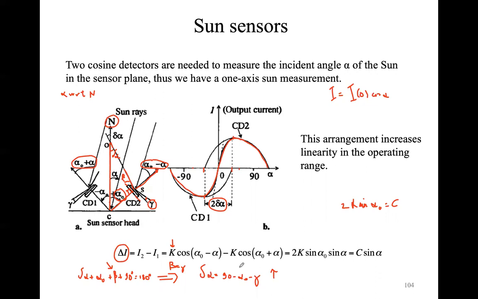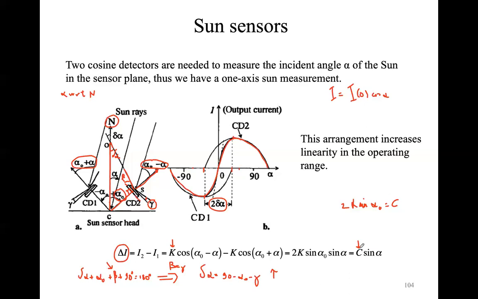The other problem that I didn't explicitly say previously is that alpha 0 also gives you the coefficient C. So you have to find a trade-off between a smaller alpha 0 and a larger alpha 0 that gives you a maximum signal of delta I.